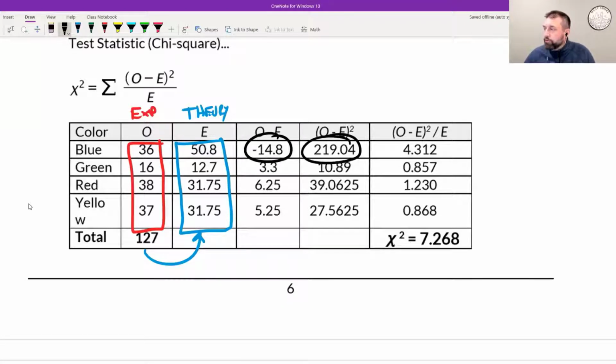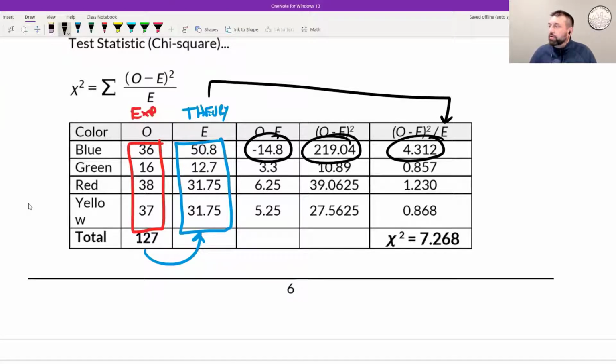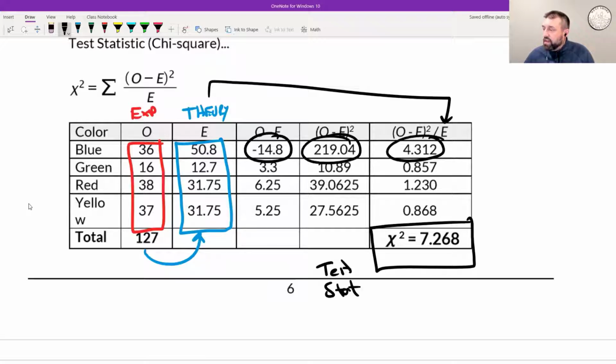We square that difference, and then we divide it by the theoretical value. We add these all up, and that, my friends, is chi-squared. This is our test statistic. Think of it as your z-score. This is the target that we're going to use in our distribution to find the area above.